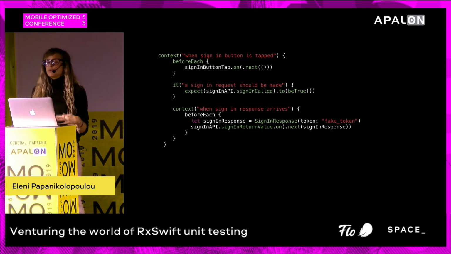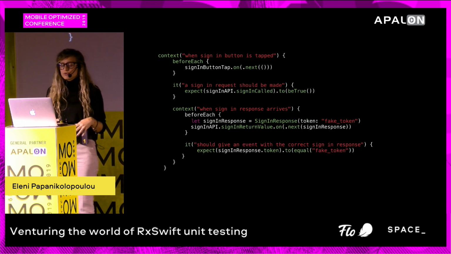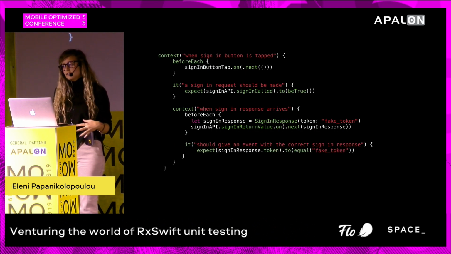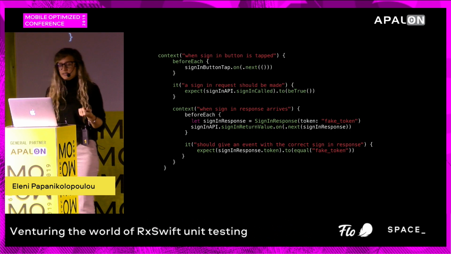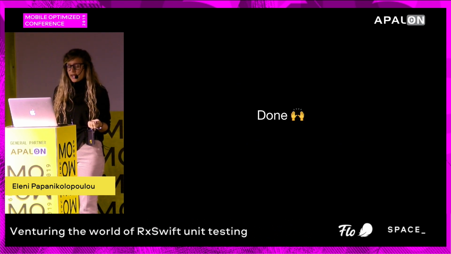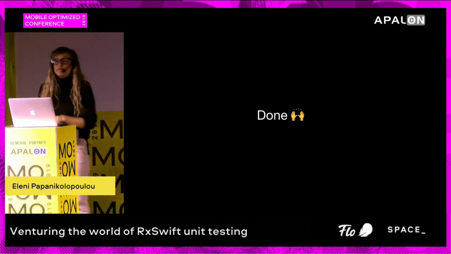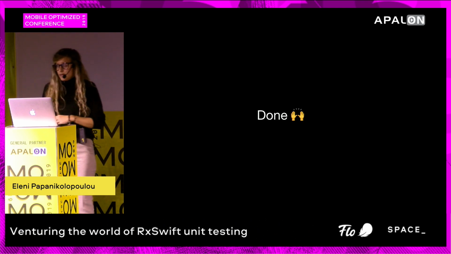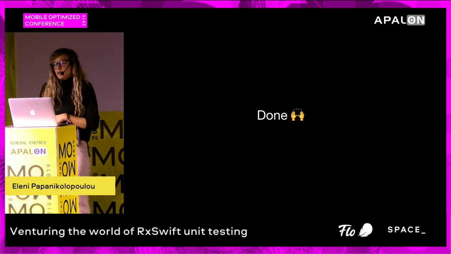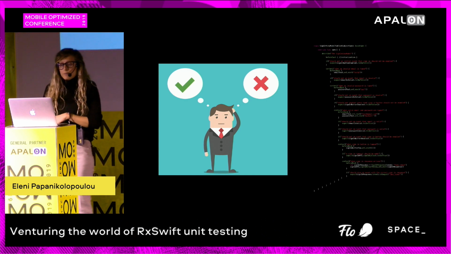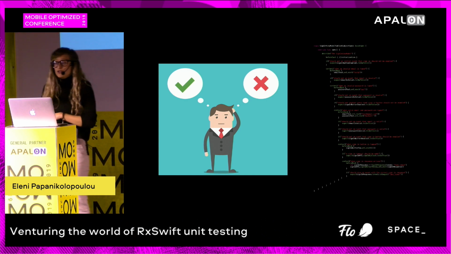And we give a next event with a fake sign-in response, and we expect to get an event with the sign-in response that we just gave. And we're done. This is how we have managed to write our unit tests for the view model by using a public subject. Now, let's see the pros and cons of this way.